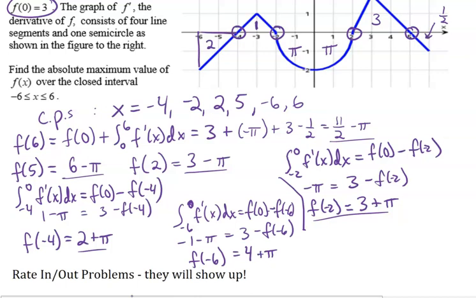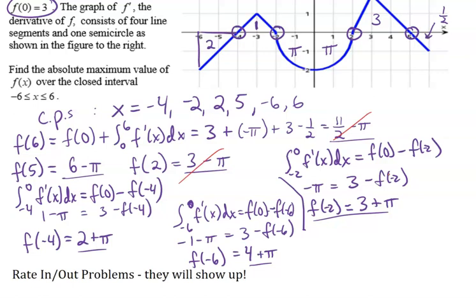All right, so then for the absolute max value, we are comparing all of our candidate values. So I've got a 6 minus pi right here, which is going to be slightly bigger than 5.5 minus pi. And it's also bigger than 3 minus pi.